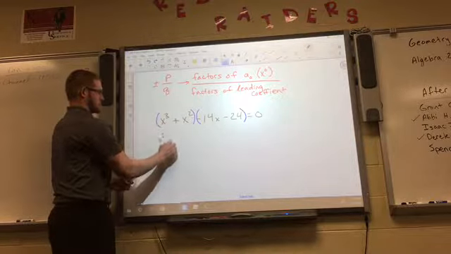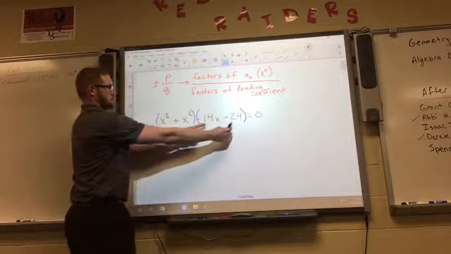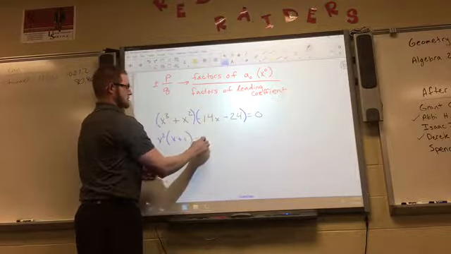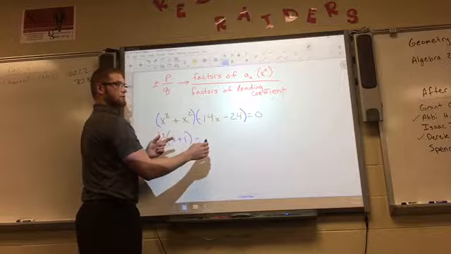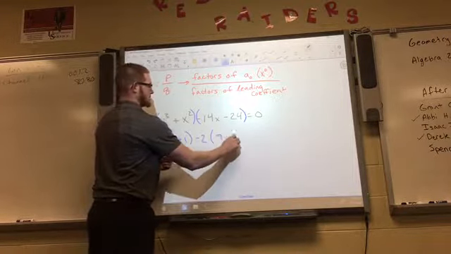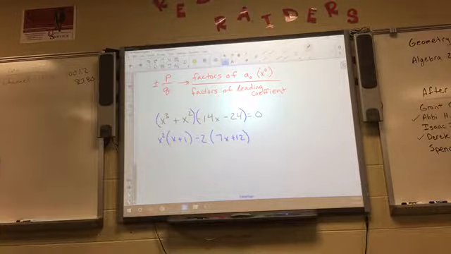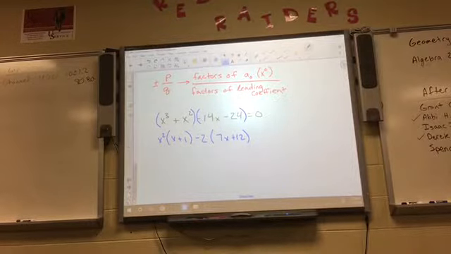X squared. And I end up with x plus 1. What can I take out of this? Negative 2. And I end up with 7x plus 12. What's the problem? My groups of parentheses are different, right? So you can't factor this by grouping.